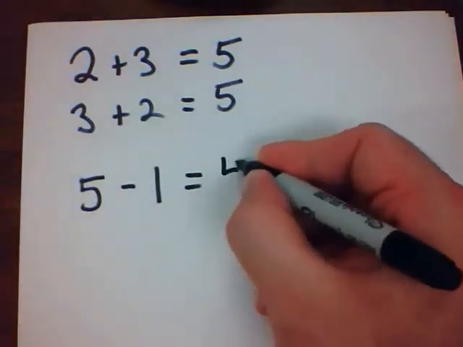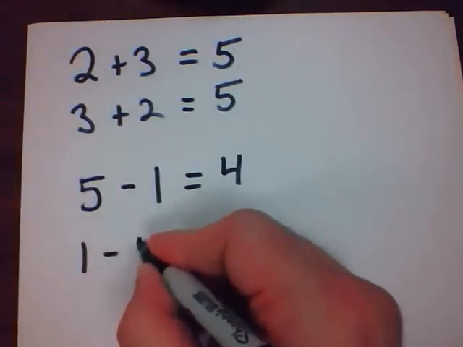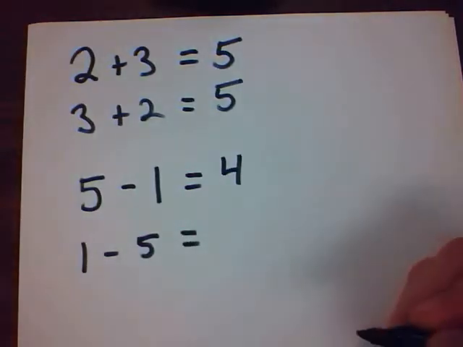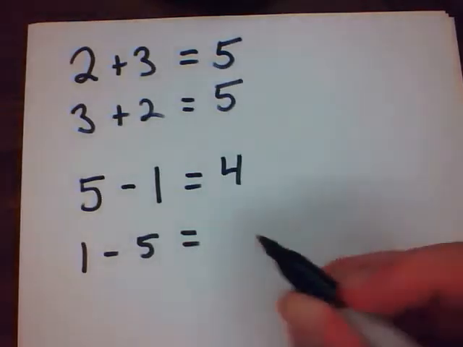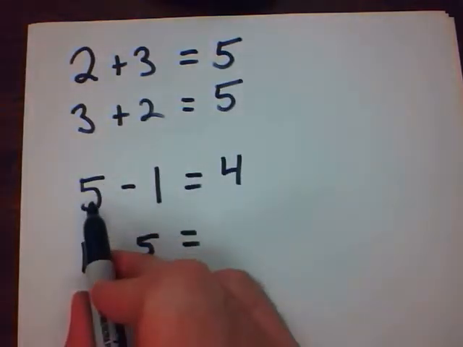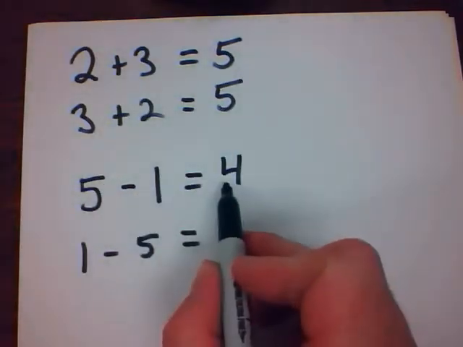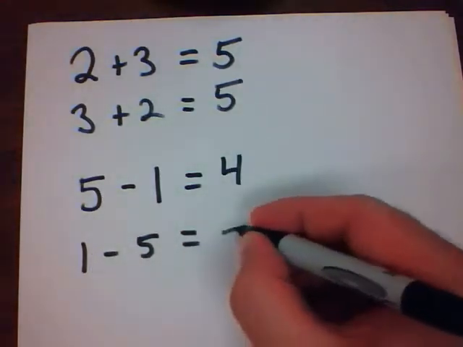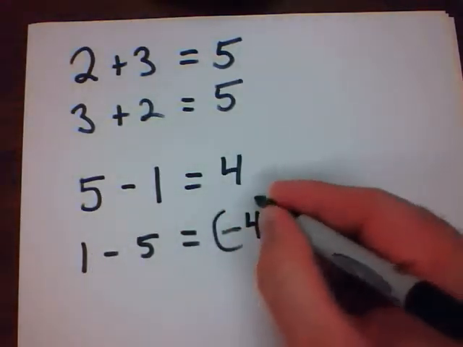Five minus 1 equals 4. 1 minus 5 does not equal 4. This is a key thing to keep in mind. 5 minus 1 will equal a 4. 1 minus 5 will come out to be a negative 4.